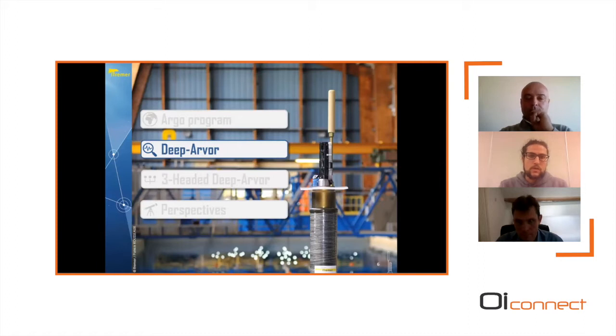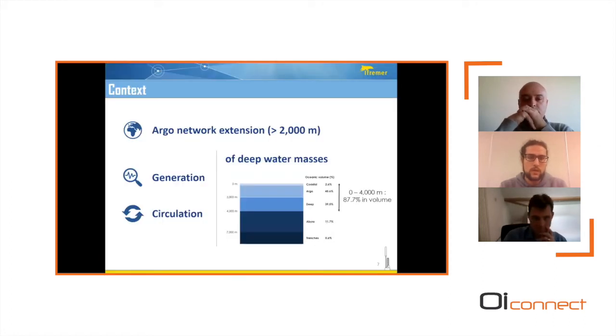Before talking of the Threeheaded DPower, the Threeheaded shares family components with the DPower ones. So I would like to give some characteristics of this float first. And I will start with a little bit of context.